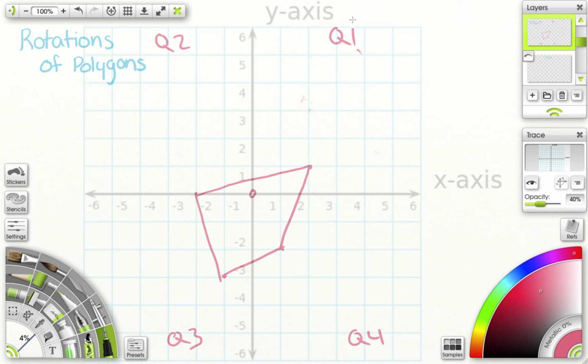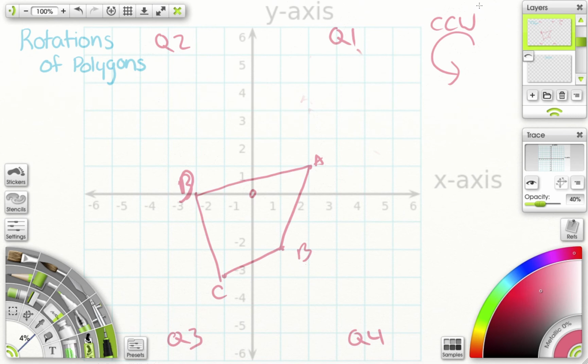Here's the trick with shapes that are in the middle like this. For this point here, let's just call this point A, this is point B, this is point C, and this is point D. If I'm doing a rotation, let's say I'm doing a 90-degree rotation counterclockwise. Here's a little trick that I find is sometimes useful.